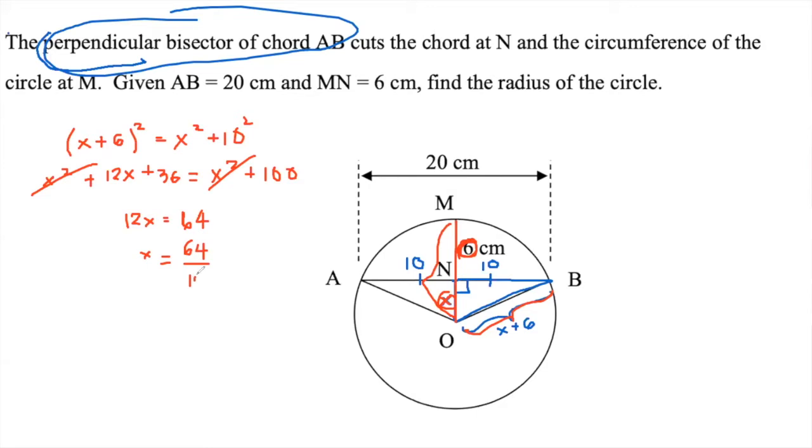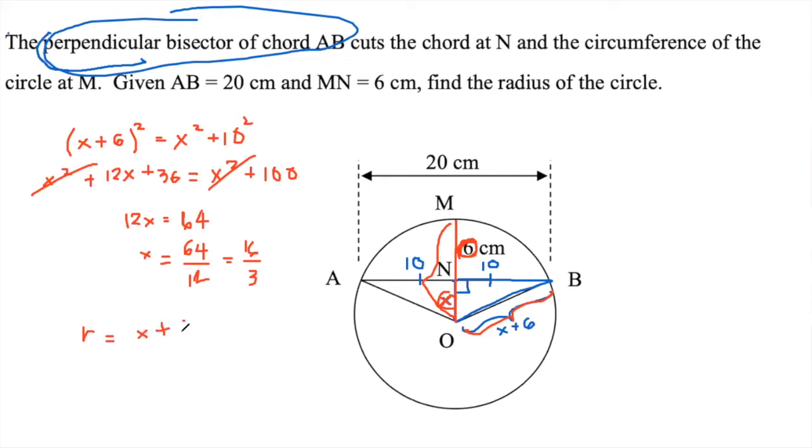We can simplify 64 over 12 by dividing both numerator and denominator by 4. This will give me 16 over 3. That is only the x, it's not the radius yet. The radius is equal to x plus 6, remember?